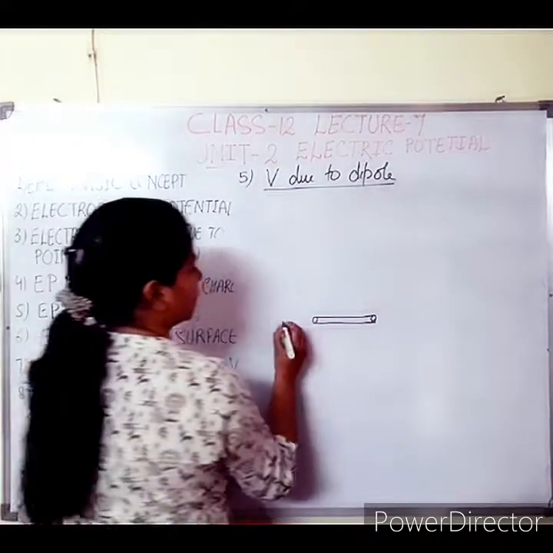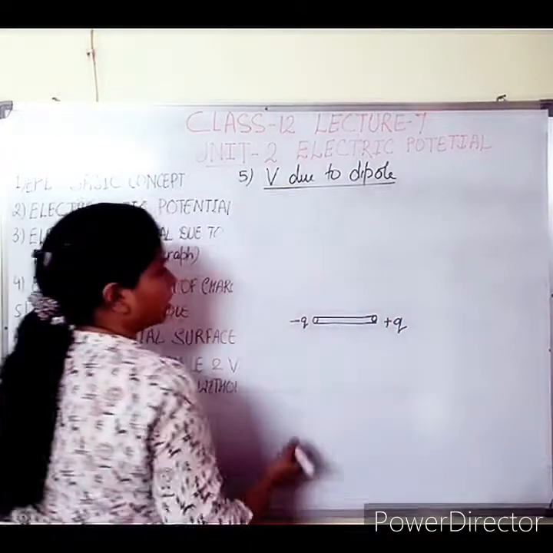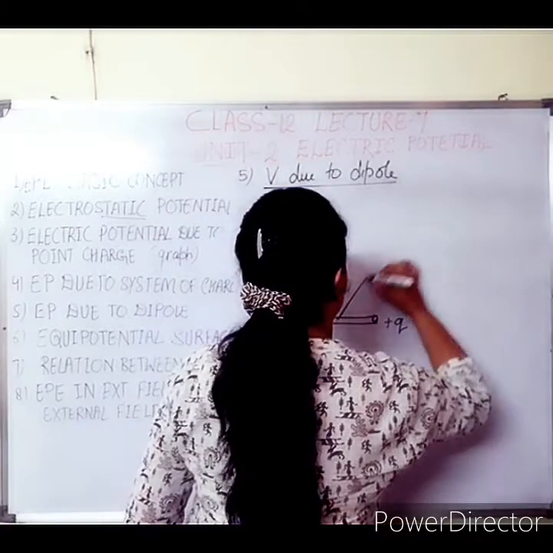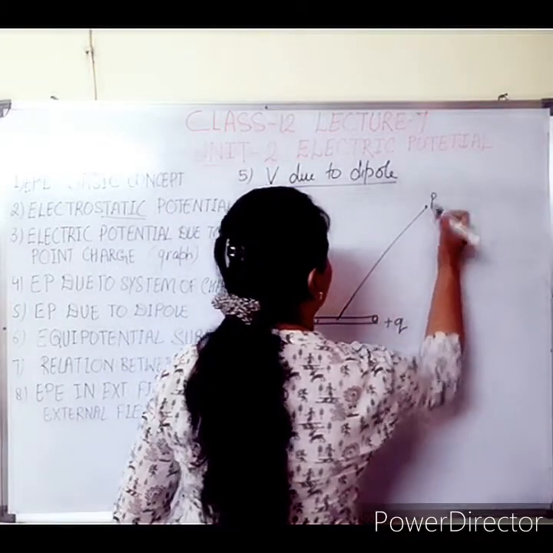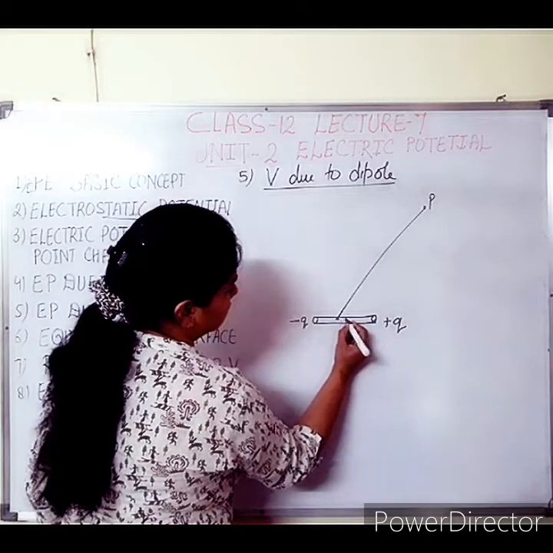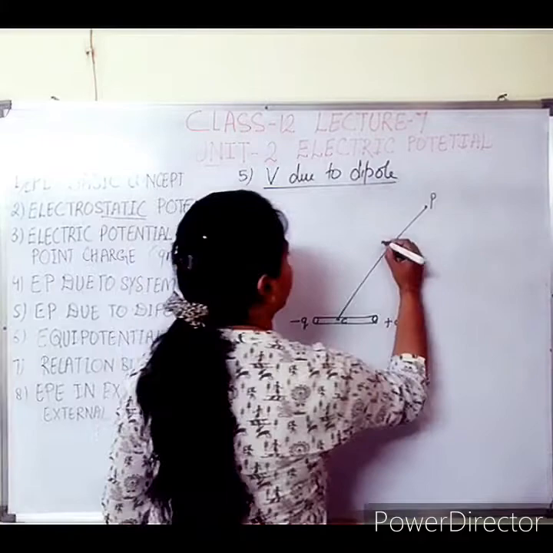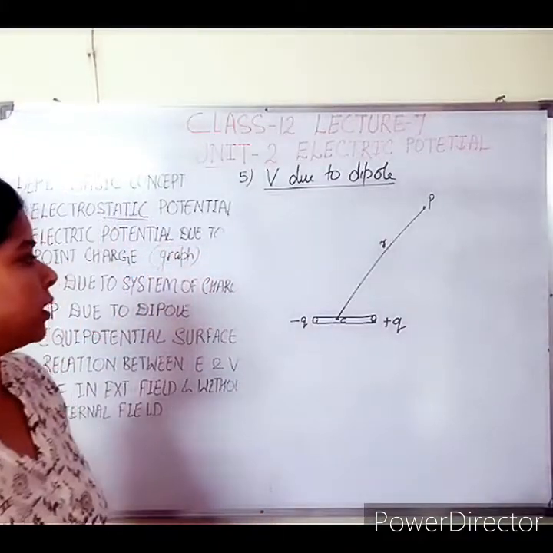This is the minus q charge and plus q charge, and we have taken a variable point here. This is a point P at distance r from the center position C of the dipole.